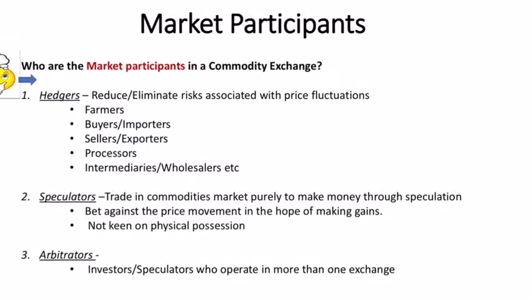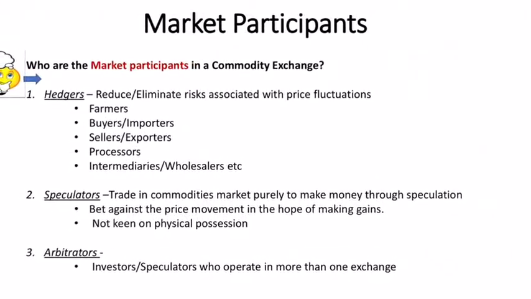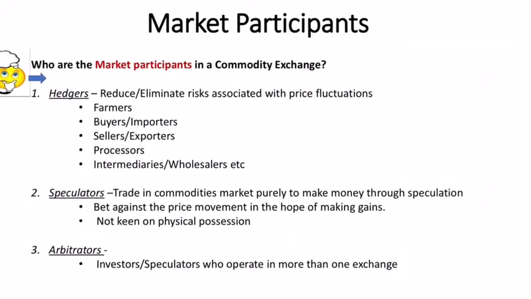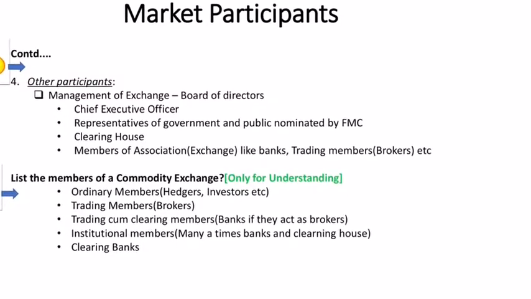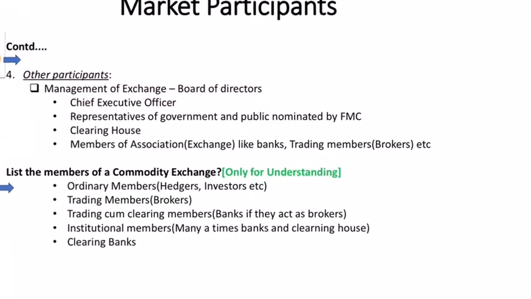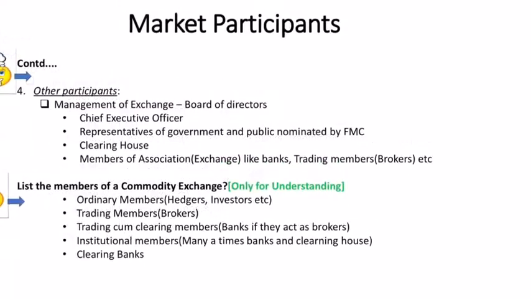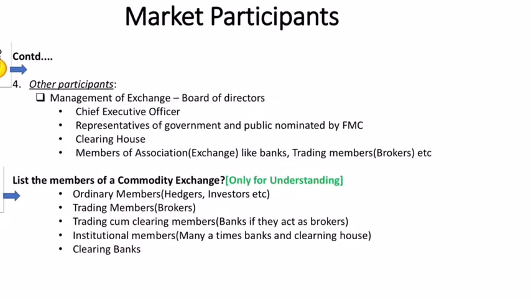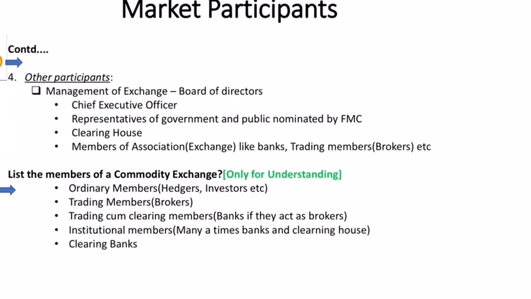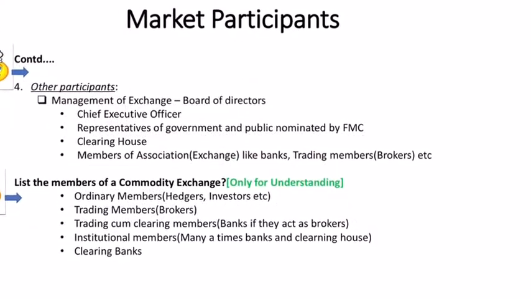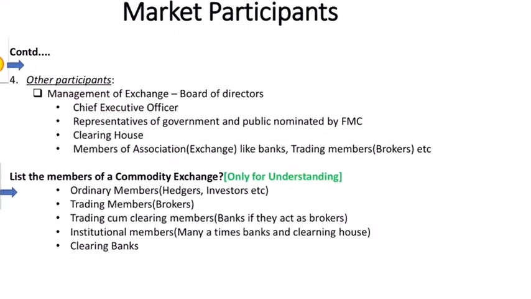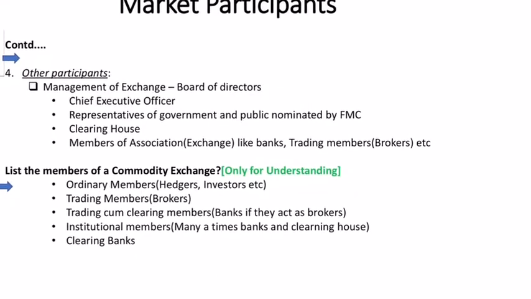Besides this, there are other people who are involved in an exchange. So the main thing is the management of the exchange itself. While people transact within an exchange, somebody has to do the policing, somebody has to ensure that the activities are happening smoothly. So the management of the exchange consists of the board of directors. There is a CEO as well.